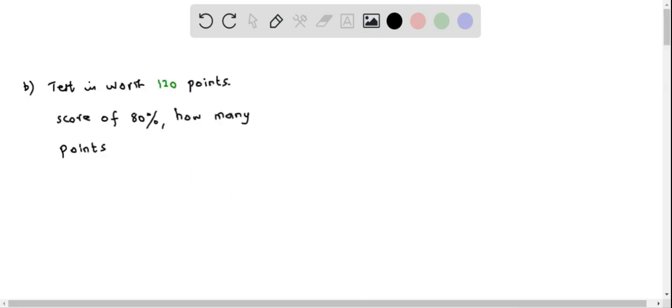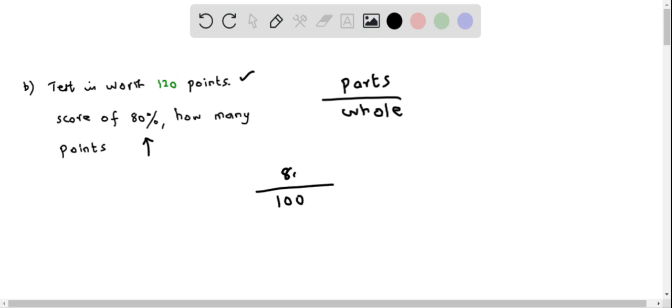We now answer part B. Here the test is worth 120 points, and it is required to get a score of 80%. Once again, I'm going to use this parts-by-whole concept. If the test is worth 100 points, then it is required to obtain a score of 80.